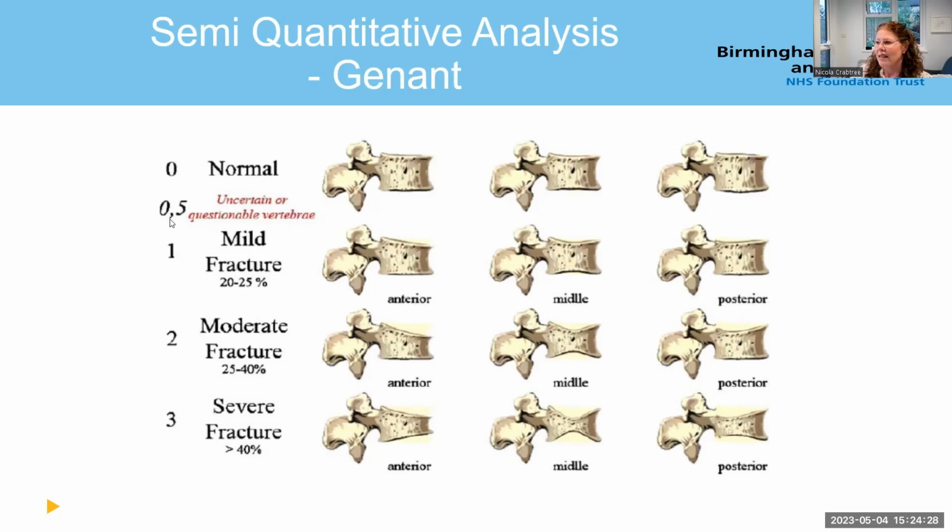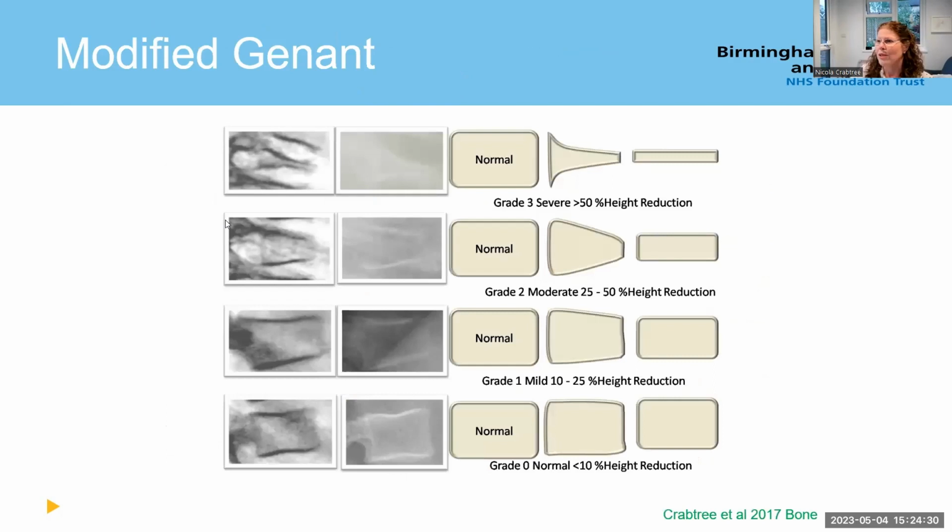In our centre, in our study, we did a slightly modified Genant scoring based on less than a 10% height reduction being normal, between 10 and 25% being a mild reduction, a mild vertebral fracture, 25 to 50% being a moderate, and greater than 50% being a severe vertebral fracture.